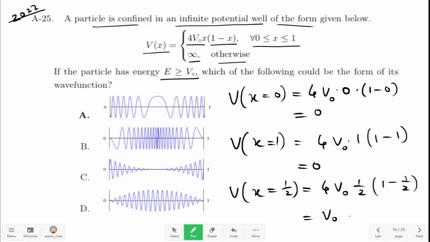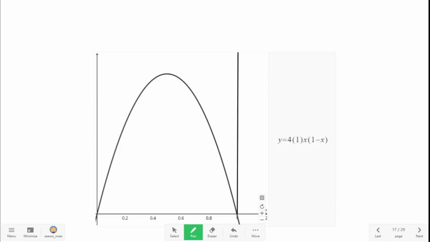So if we plot V, then we will get something like this. At x = 0, we have V = 0, and at x = 1 also V = 0, and at x = 1/2 we have V = V₀.